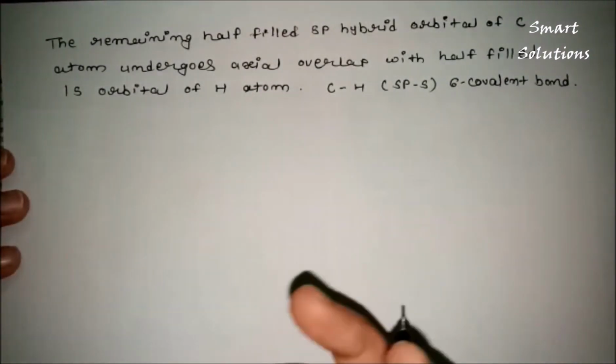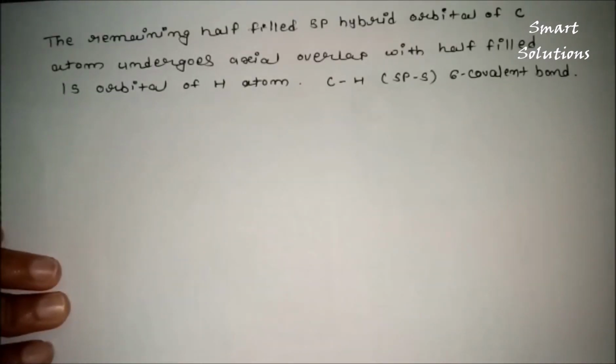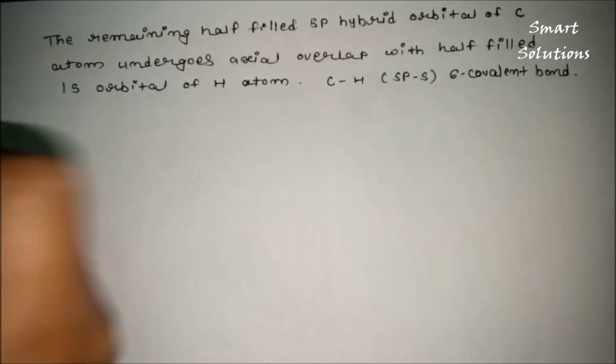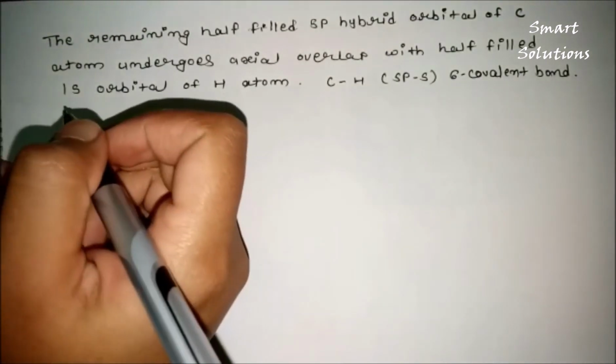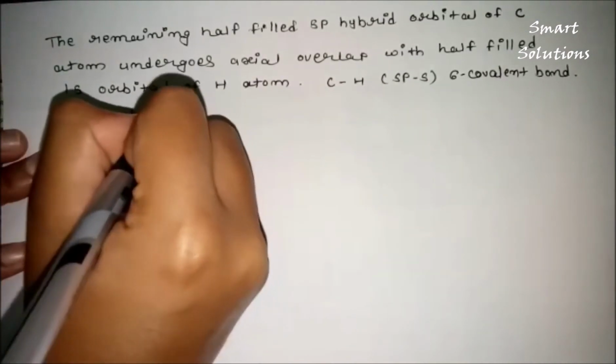Then what is happening with the unhybridized orbitals? We have two unhybridized orbitals, correct? One is the 2py and the second is the 2pz.